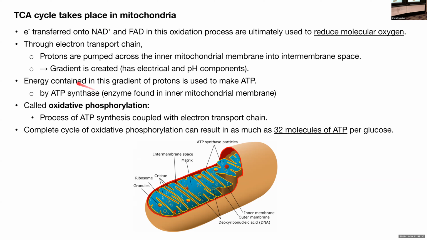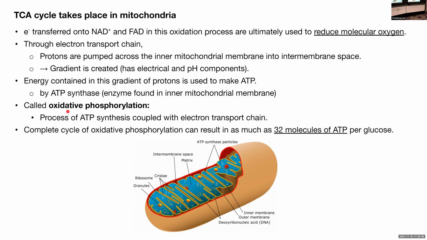The energy contained in this gradient is used to make ATP. We're going to talk much later about how the ATP synthesizing enzymes utilize this gradient for the phosphorylation of ADP into ATP. Here's an example. ATP synthase is located in the inner mitochondrial membrane, and this process is called oxidative phosphorylation.